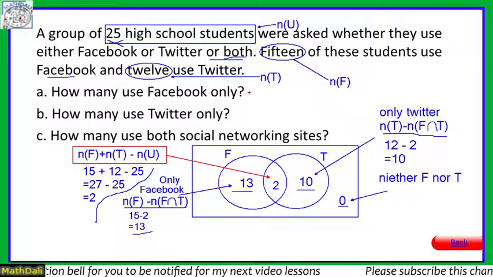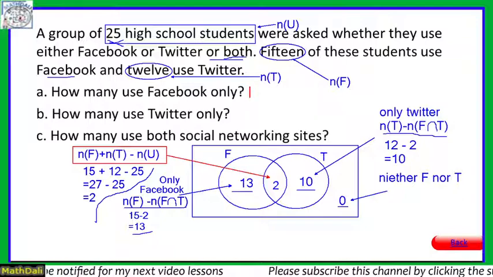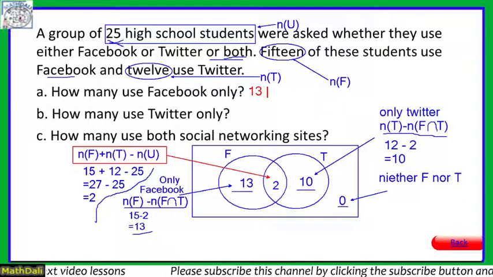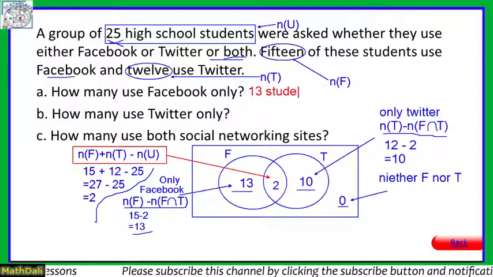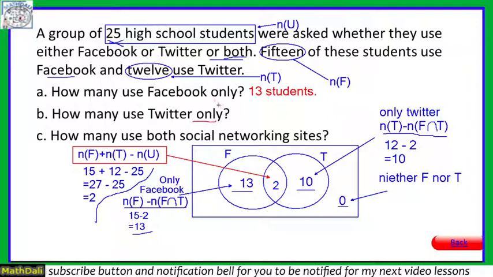Gamit ako ng red para ma-emphasize. Dito sa problem na to, that is 13 students. Yehey! Yan ang sagot. Okay, next. So, number 2, how many use Twitter only? Kanina, Facebook only.